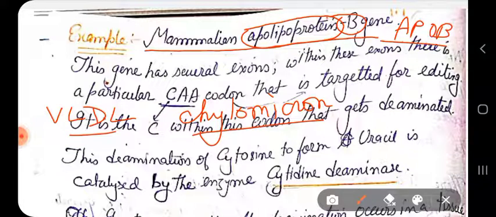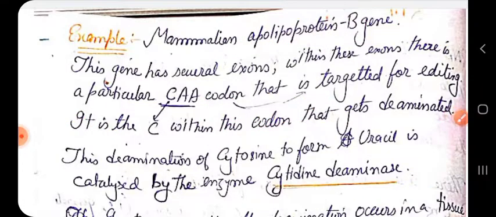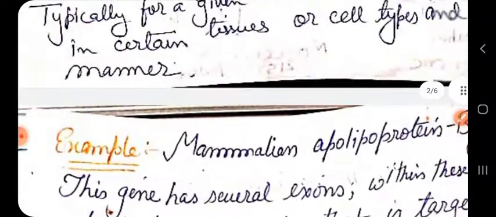Now the interesting thing about this mammalian APOB is that this apolipoprotein B is found in the VLDL. That means it is found in the very low density lipoprotein, and also this same apolipoprotein B is found in the chylomicron particle.